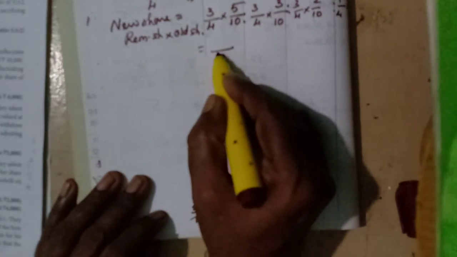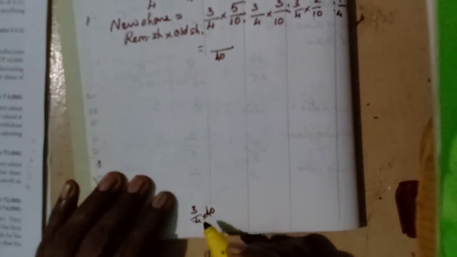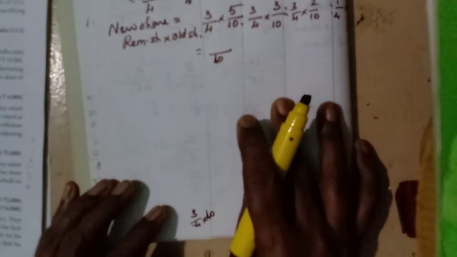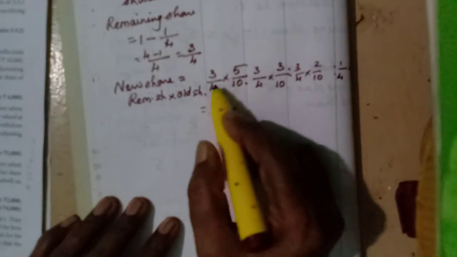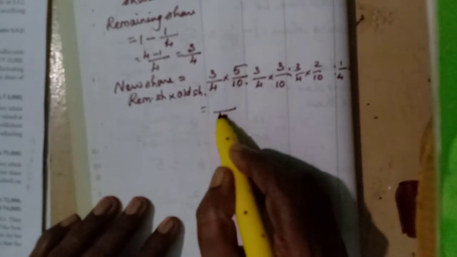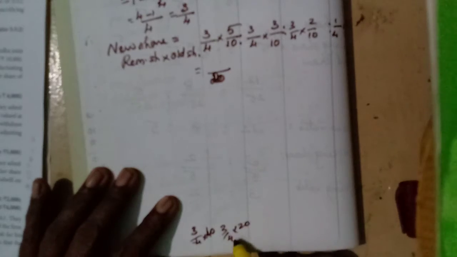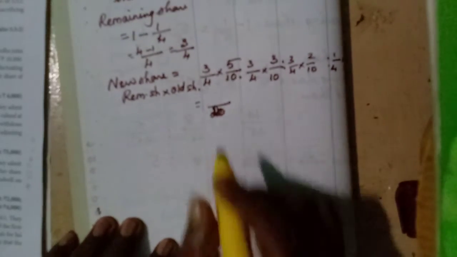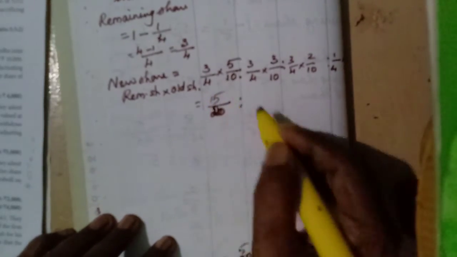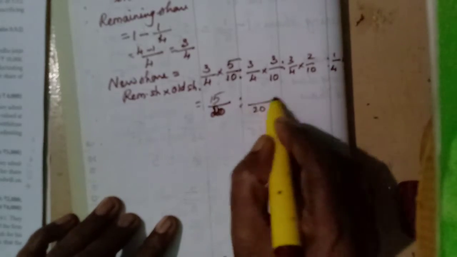Not 10, 40. 20 also we can take. LCM we can take as 20.